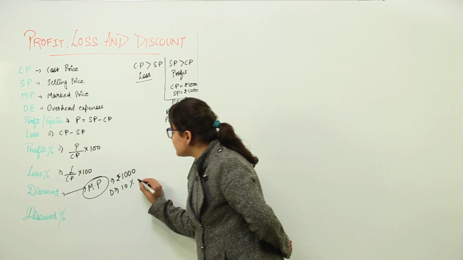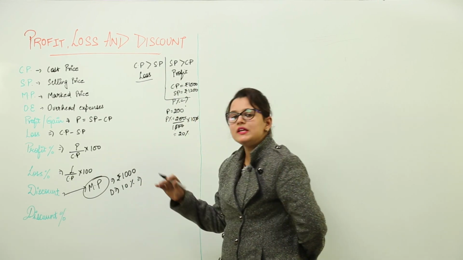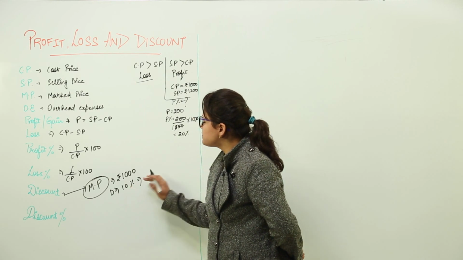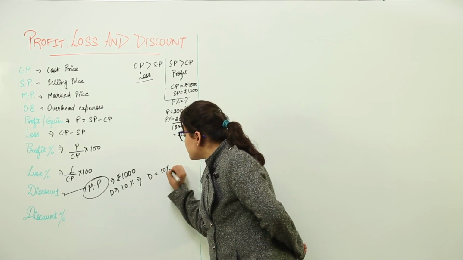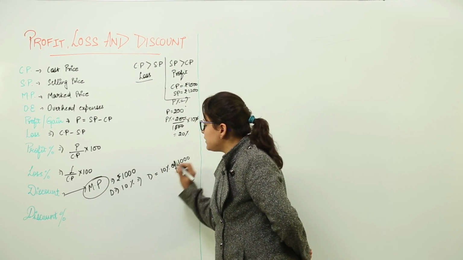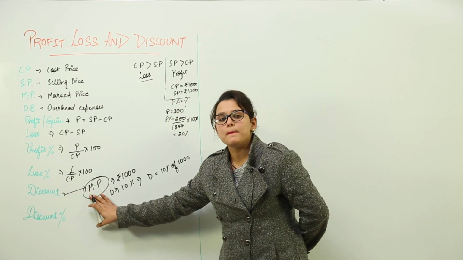So how do we calculate discount? Discount is always generally given in the form of percentages only. So how do you calculate this percentage? Your discount amount will be equal to the 10% of your marked price. That is what I meant to say when I told you that discount is always calculated on marked price.